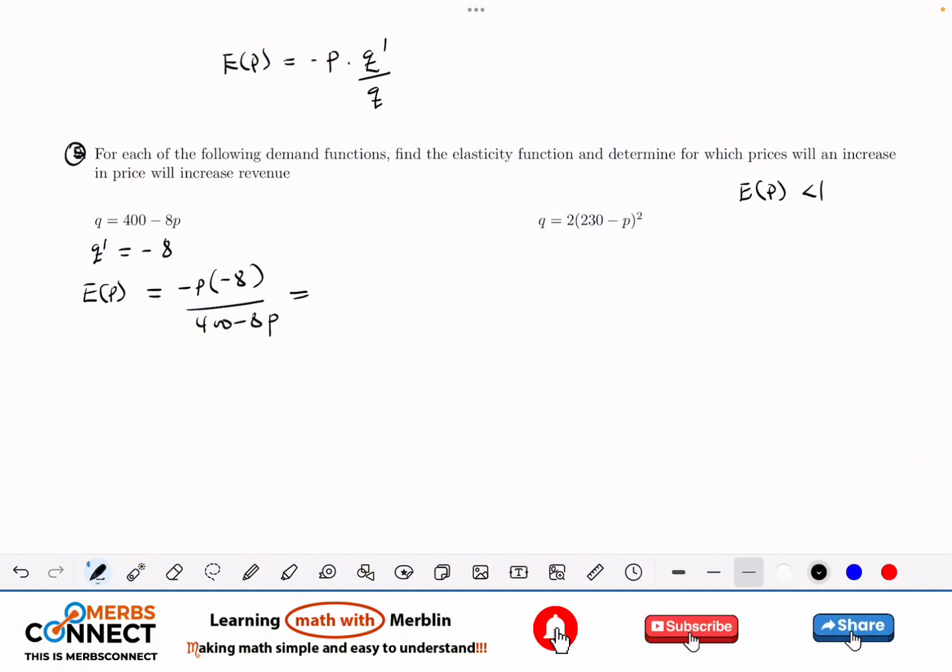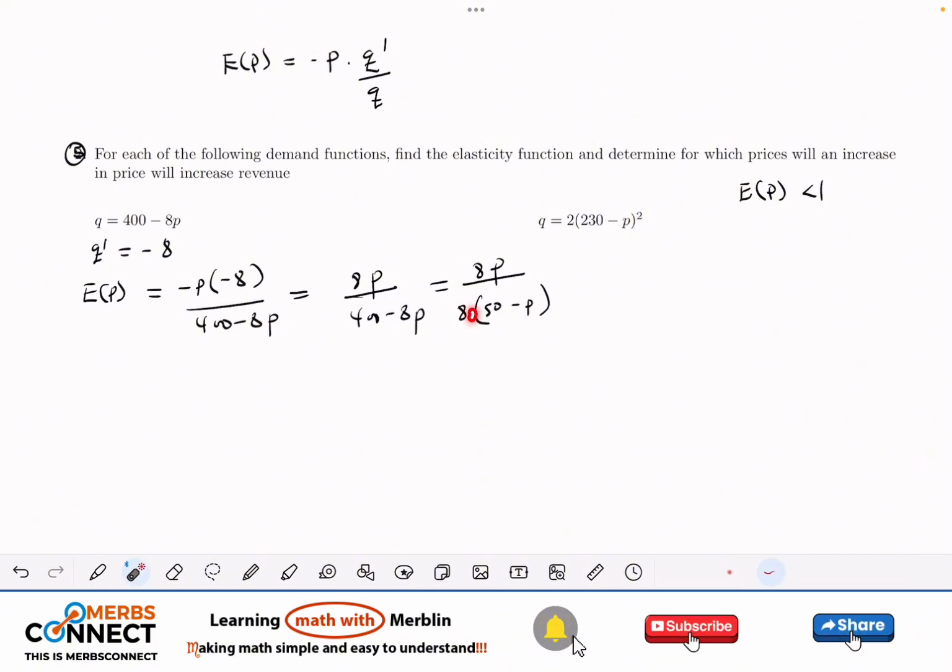So when I multiply this, I'm going to have 8P divided by 400 minus 8P. So you cannot cancel this and this unless you can factor 8 out. Yes, of course we can factor 8 out. So here, if I want to factor 8 out, 8P divided by, so I factor 8 out. 8 times 5 is 40, so this one should be 50, so that I will get 400 minus P. So you see, I will be able to cancel it out because I was able to factor 8 out.